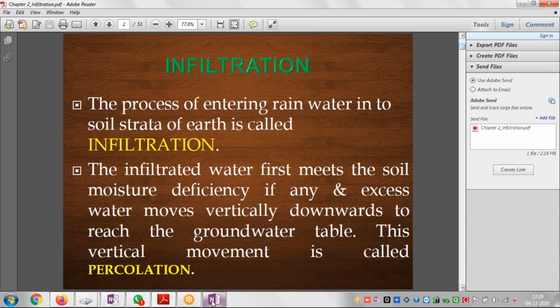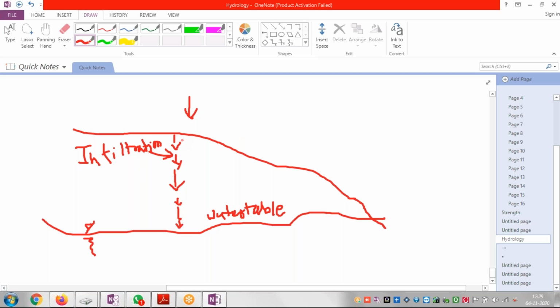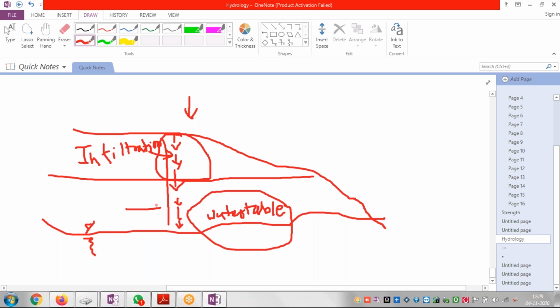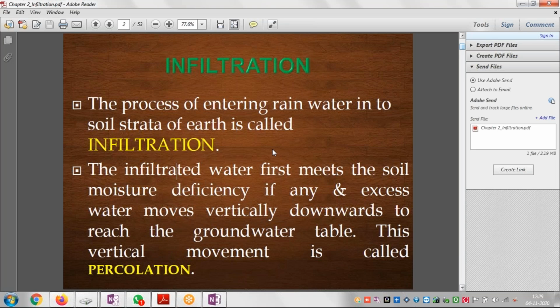What I told you, infiltration is when water comes just up to here, but when water goes very deep and meets the water table, this process is called percolation. This is the definition. Now, what is the next slide?